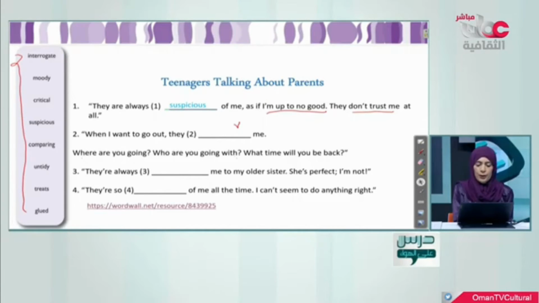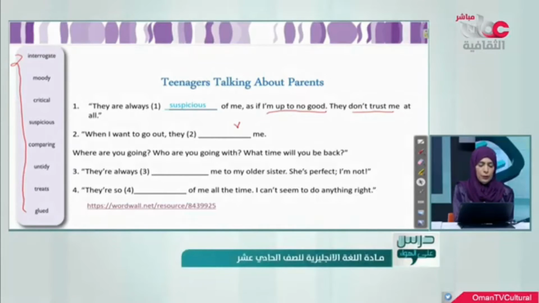Who are you going with? What time will you be back? These are a list of questions. So when I want to go out, they ask me some different questions. We have to find a verb which means asking questions, which is the first one, interrogate.